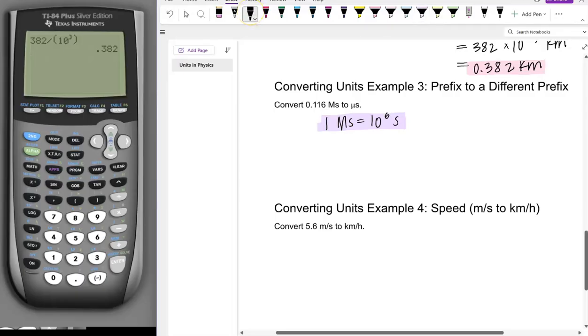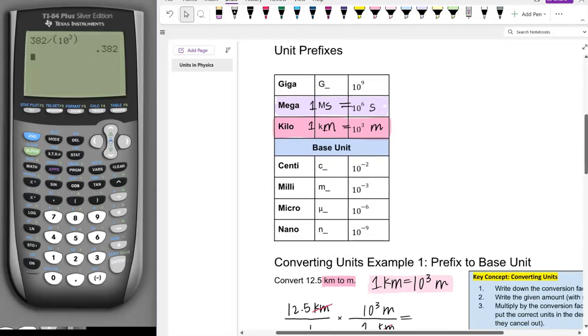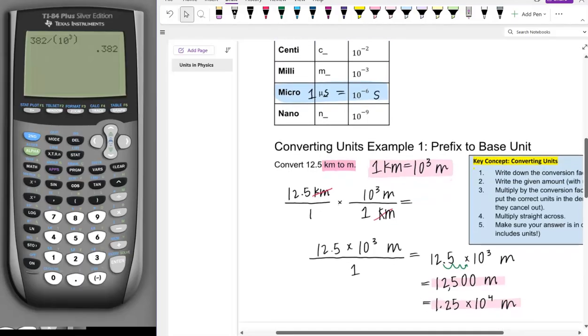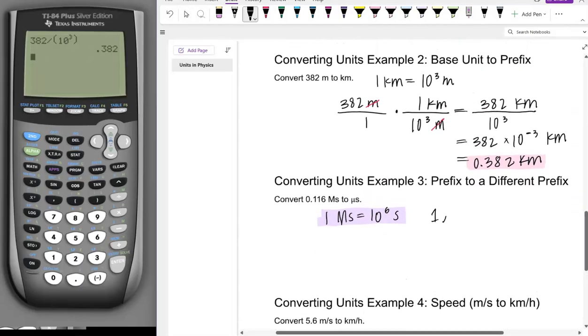Then we need to find microseconds in our table. So now let's look at this row. We see that 1 microsecond equals 10 to the negative 6 seconds. Let's write that one down. 1 microsecond equals 10 to the negative 6 seconds.